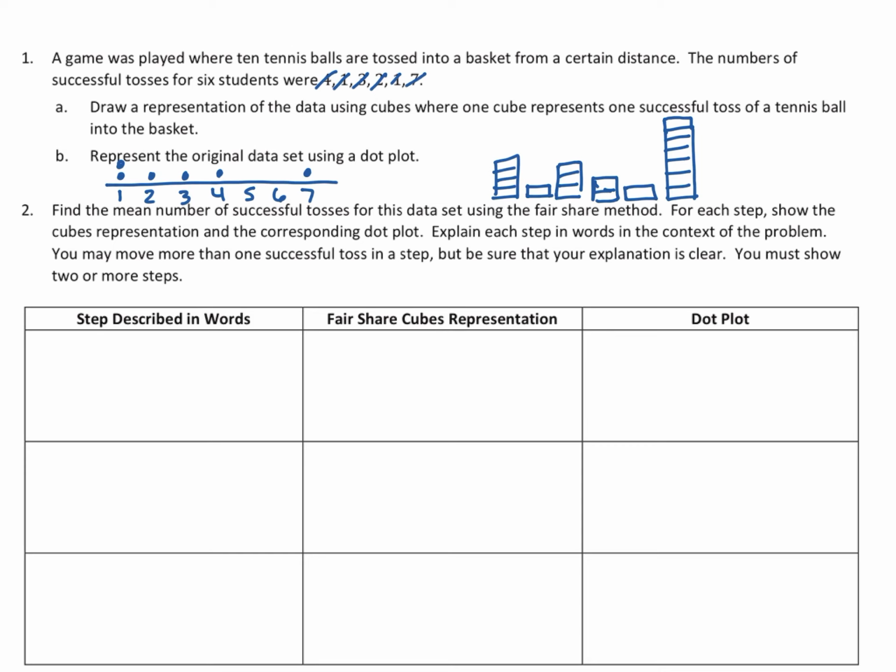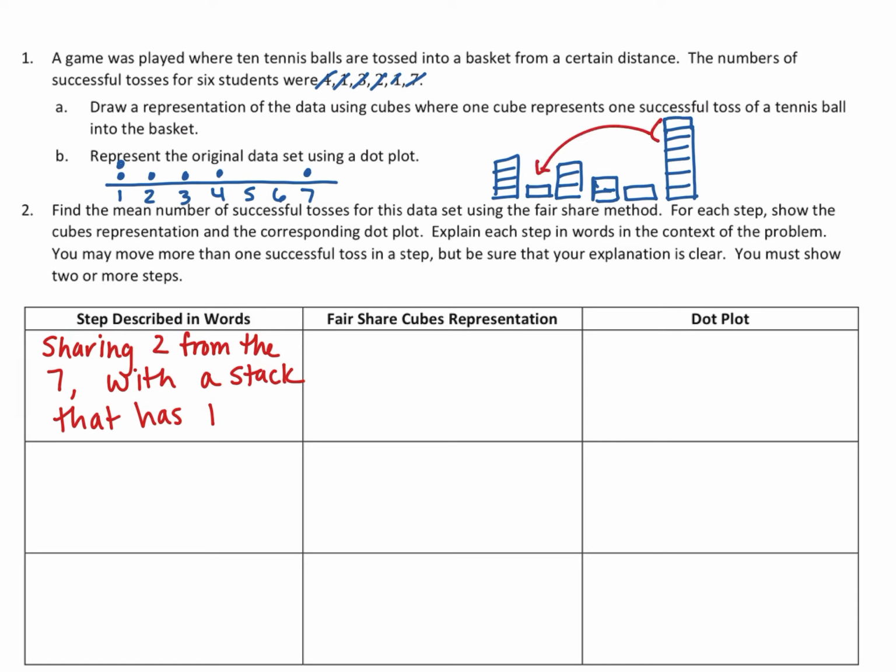So I'm going to start by sharing 2 from the 7 with a stack that has 1. So I'm going to take 2 from here and I'm going to move it to a stack that has 1.